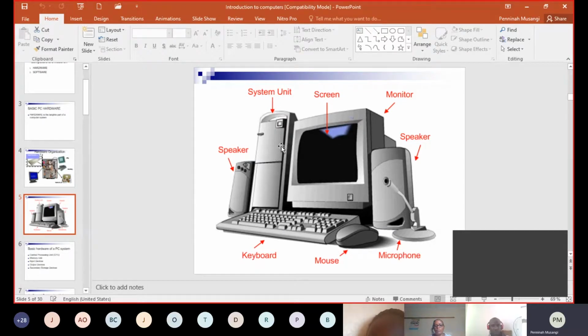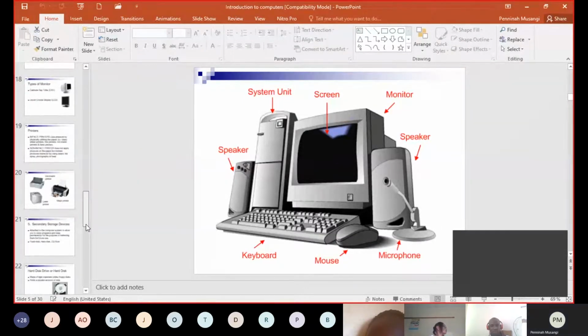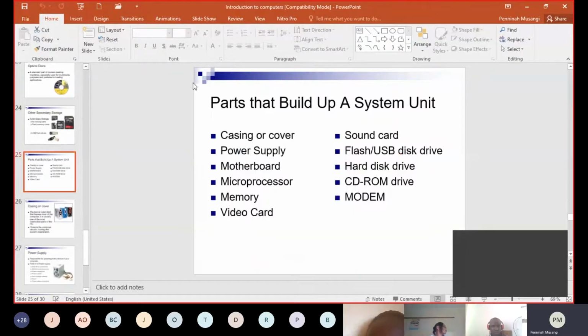Now, what is this we are calling the system unit? It is composed of all this, what we are calling the system unit. It is the cover, the outside cover, the power supply, the motherboard, all that until the modem.